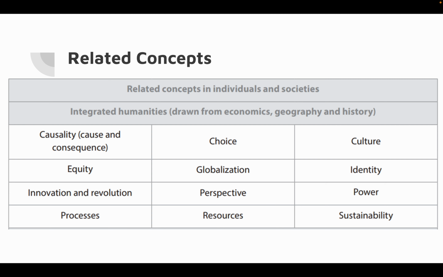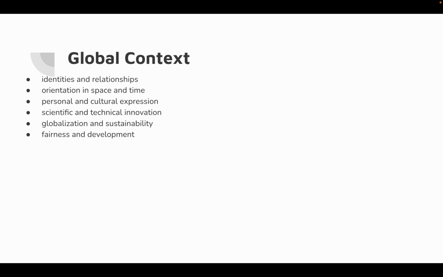And for building a unit, your unit is also going to focus on 1 or 2 of these related concepts. I haven't seen a unit either at my school or through the trainings I've taken that dealt with more than 2 related concepts, because I believe the unit gets too large. It's too much to encompass within that specific amount of time.